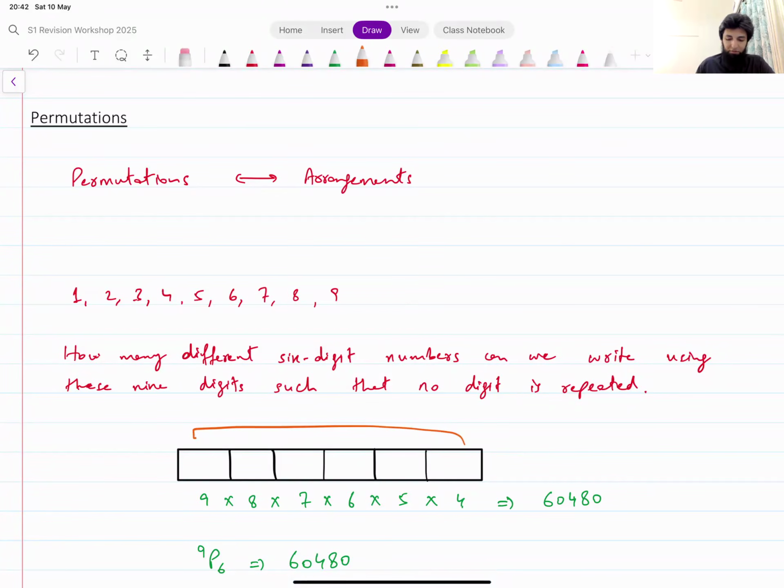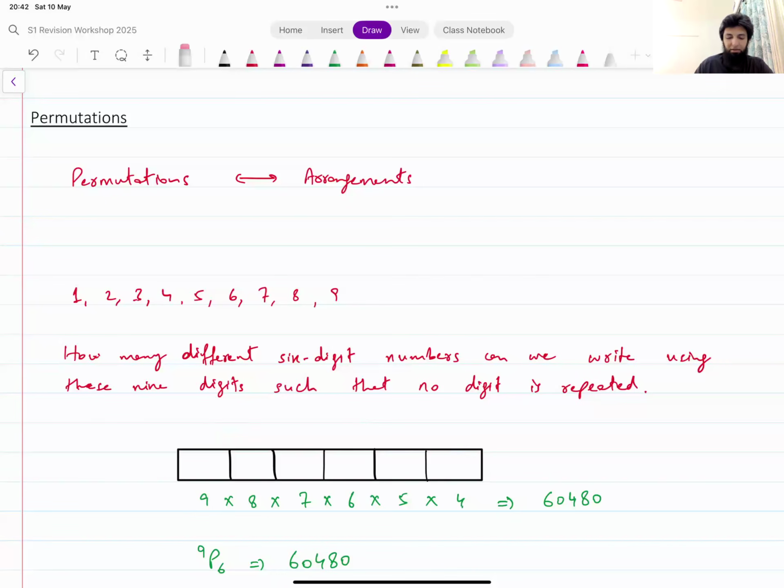So the first box could have 9 options, right? Any one of these nine digits could come in this place. The second has 8 options. The third has 7 options. The fourth has 6 options. The fifth has 5 options. And then this one has 4 options. You multiply all of them and you get 60,480 from that.